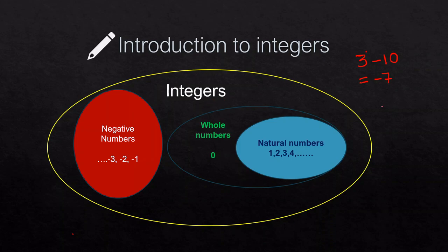So integers can be -1, -2, -3, etc., 0, and then +1, +2, +3, etc. These numbers are commonly called integers, but fractions are not integers. Only whole numbers and negative whole numbers are known as integers.